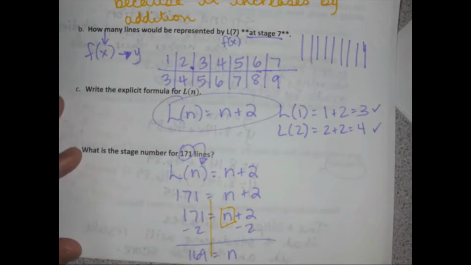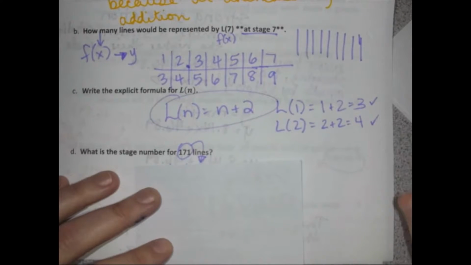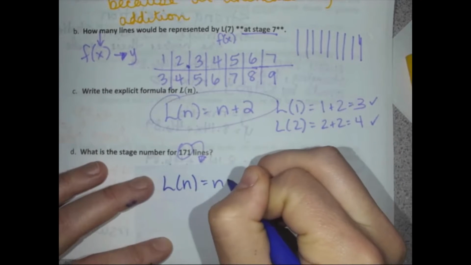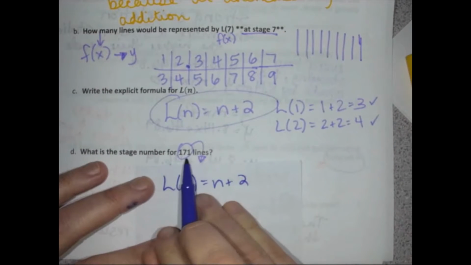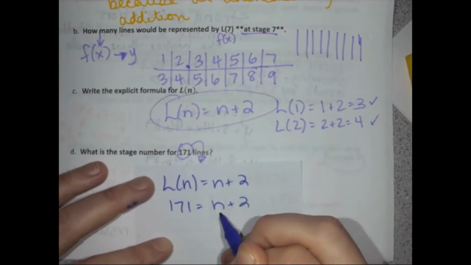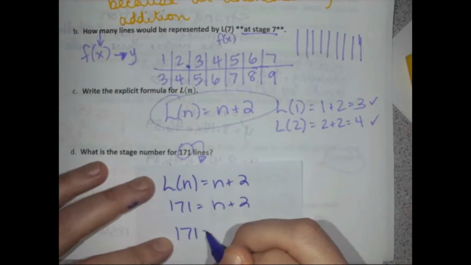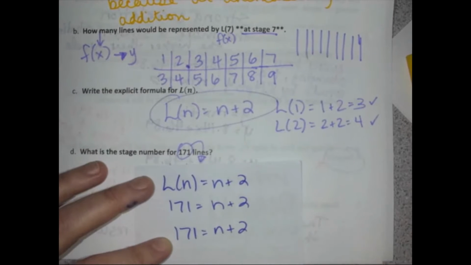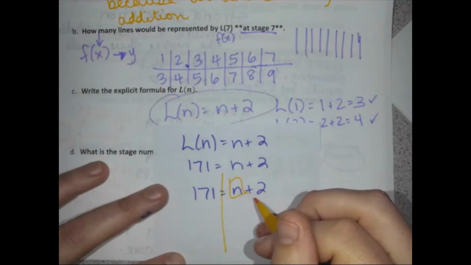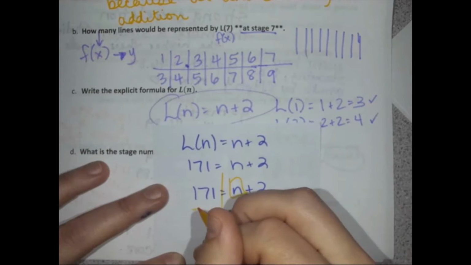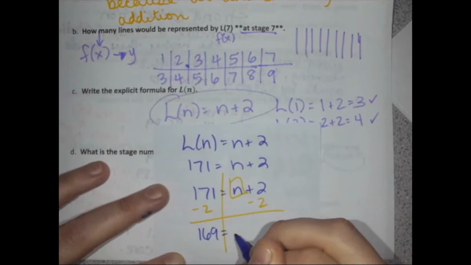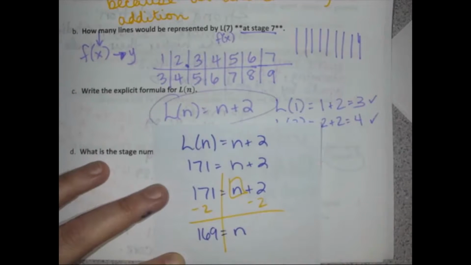So let me do that again for you. I have my equation. L of n is equal to n plus 2. My output is 171. I need to figure out my n, my input. Box my n, draw my line. What's on the same side? 2. 169 is equal to n.